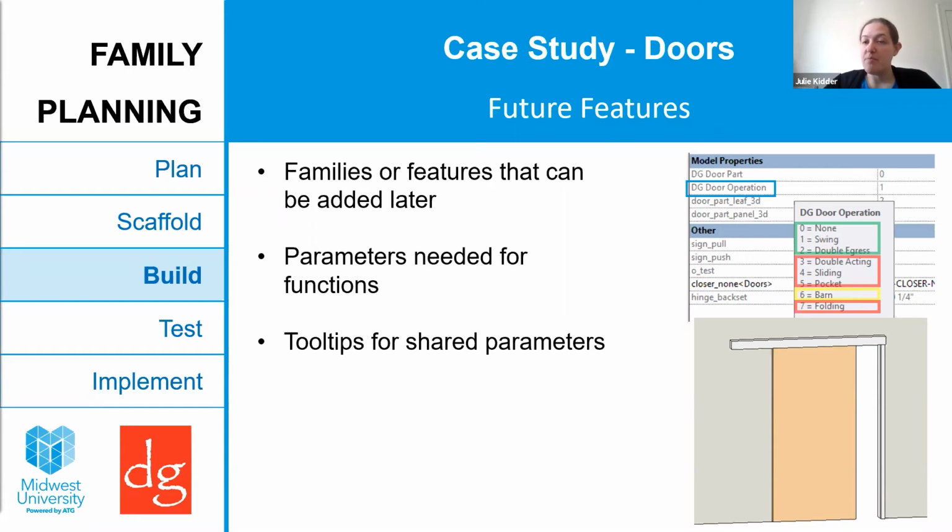So when I built the doors, I determined that there were 7 types that I wanted to have to roll out the family. But I knew there were other doors that I needed to add. So our tooltip mentions all of those doors that I plan to add. And so when I built them, there wasn't a barn door. When I came back and built that barn door family, I already had that option built in because I knew it was something I was going to do when I built the family.